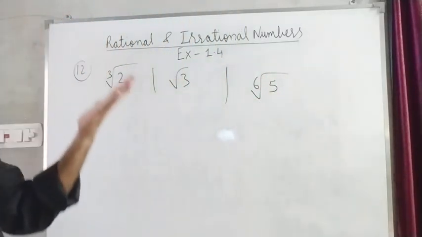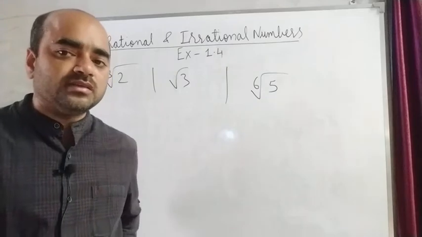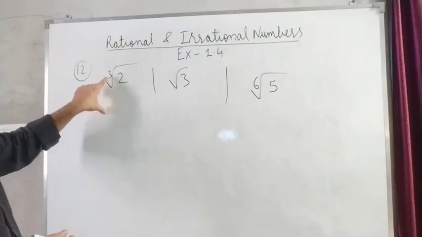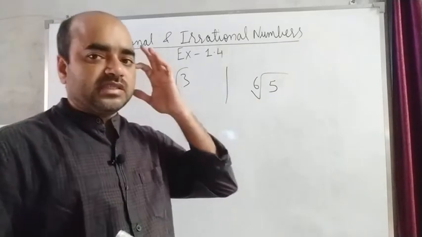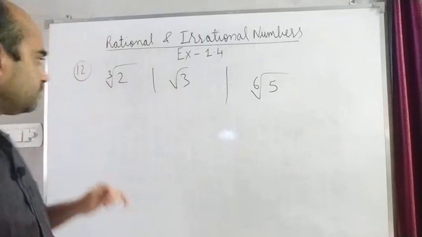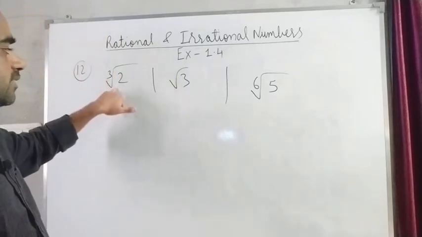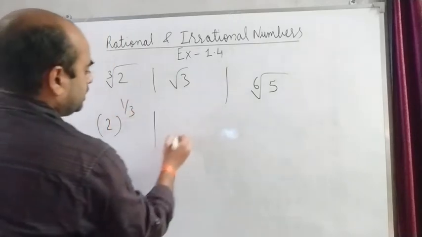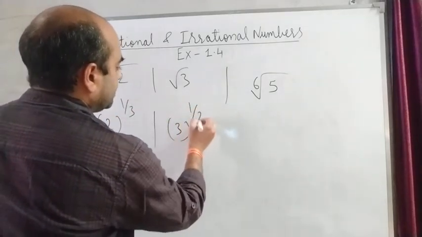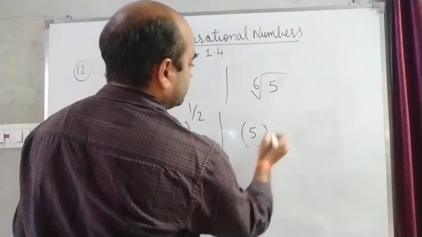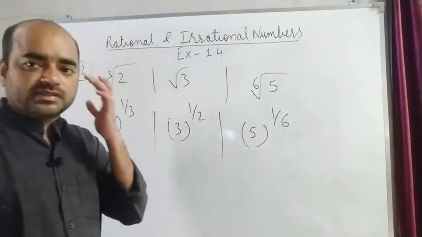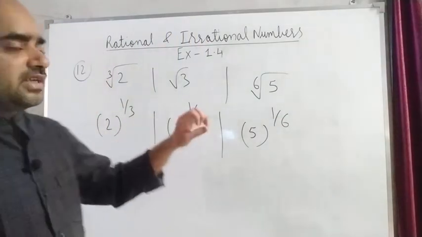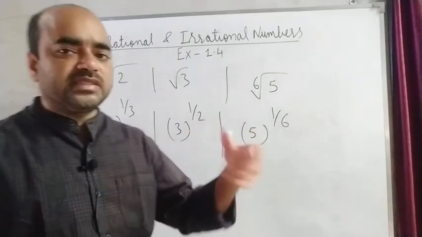So first step, we have to equate the order of all the radicals. How to equate? See, here 1 by 3, 1 by 2, 1 by 6. So we will take the LCM. In index form, this is 2 to the power 1 by 3, 3 to the power 1 by 2, 5 to the power 1 by 6. Clear? When you take the LCM of 3, 2, 6, the LCM will be 6.